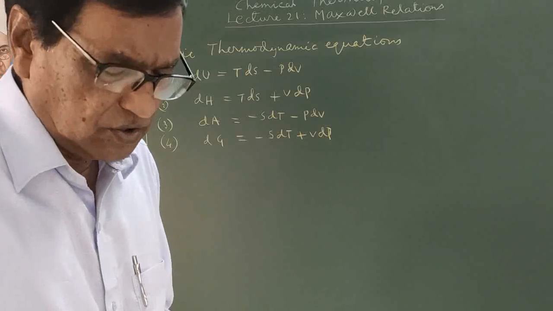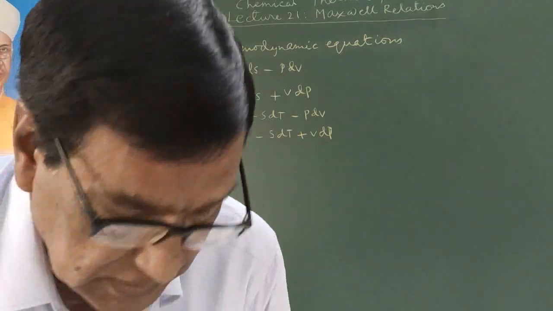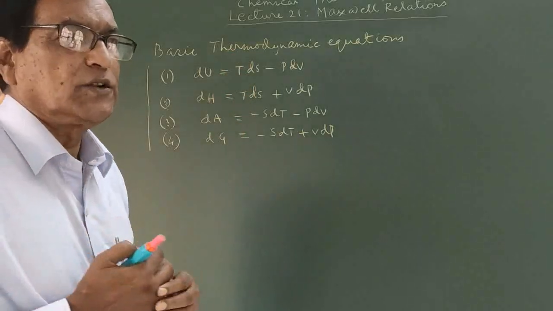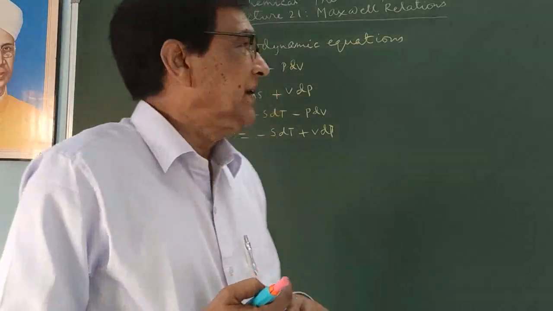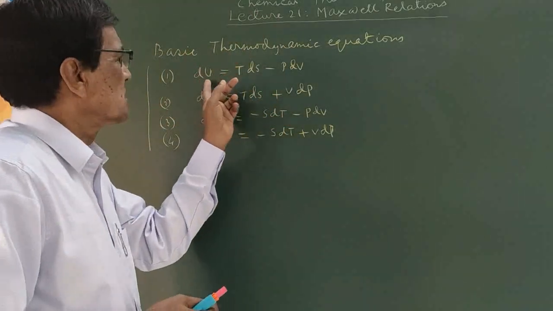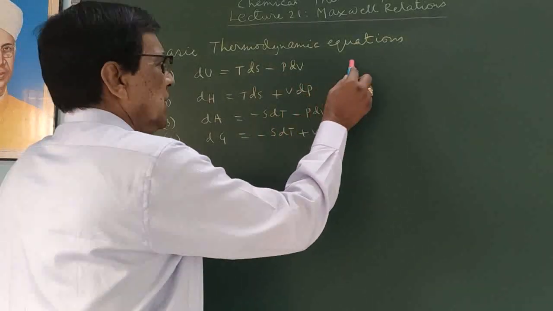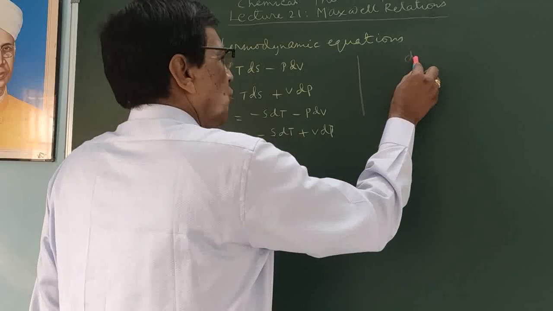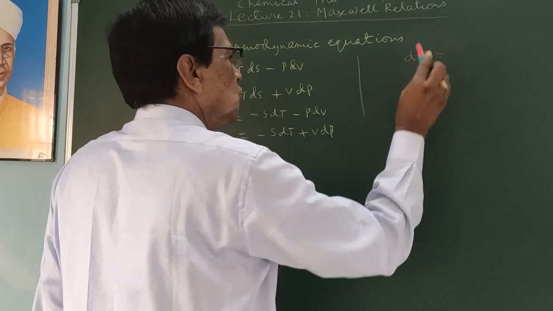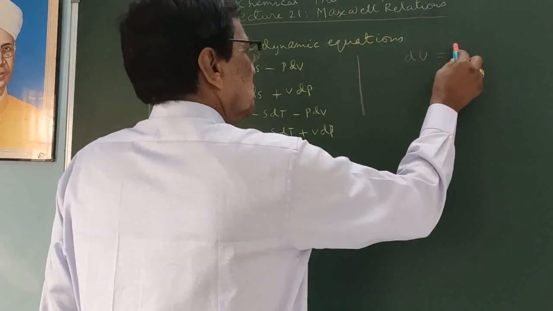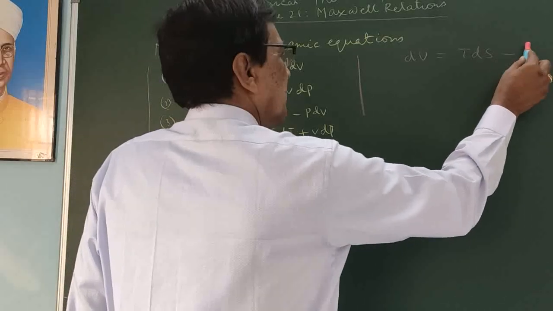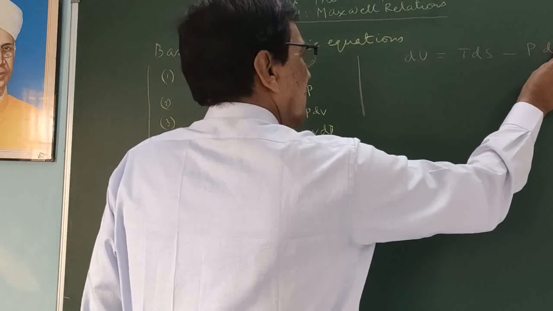Let us consider how the Maxwell's relations could be formulated by using the first basic thermodynamic equation, dU equal to TdS minus PdV.